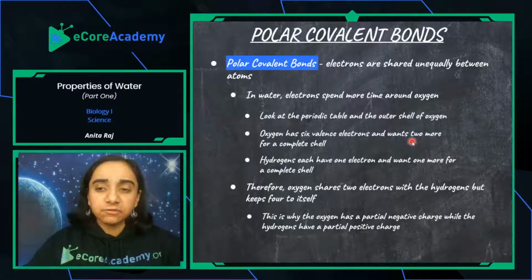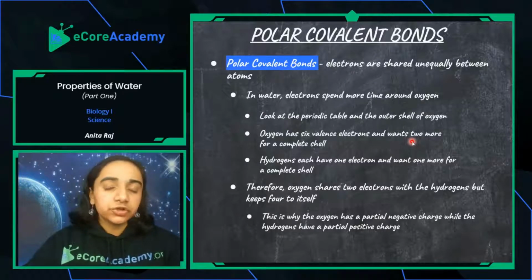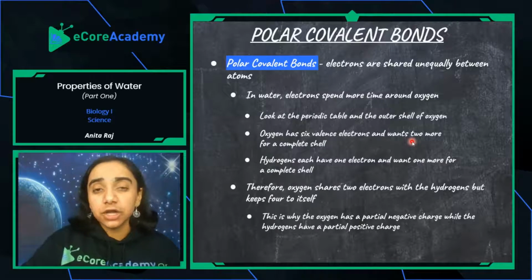That's why oxygen really wants 2 more electrons to get a complete outer shell of 8 valence electrons. Hydrogen is the first element on the periodic table. It has an atomic number of 1, so it has 1 proton in the nucleus. It has no neutrons, but because it's electrically neutral, it also has 1 electron.